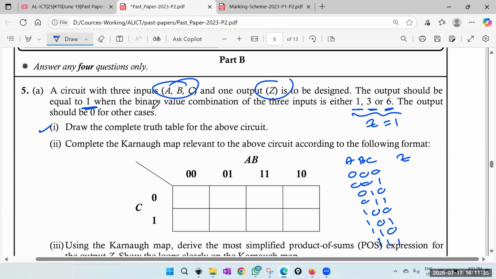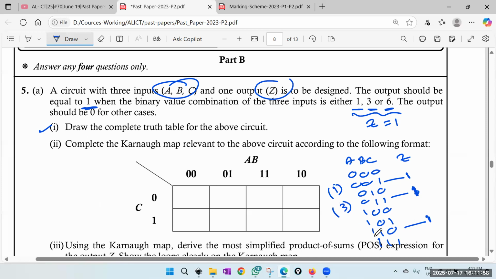And when the binary value combination of the 3 input is 1, 3, or 6, output is 1. So 1 is this. This is 3. And 6 is 1, 2, 4. 4 and 2 is 6. This is 6. Right. Okay. So this is 1.